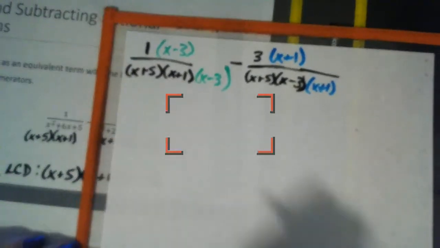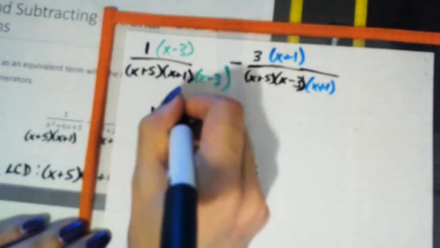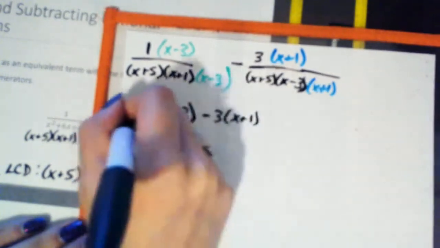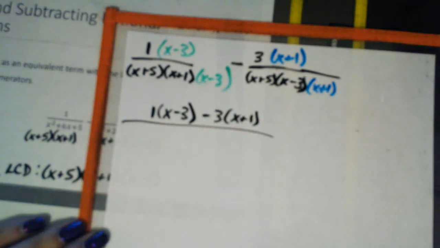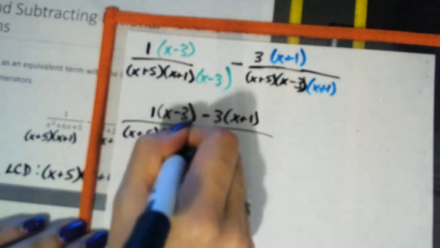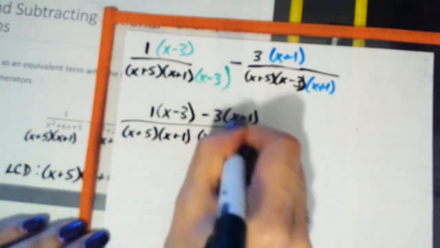Now that they have the same denominator, I can combine them into one fraction. We have 1 times (x minus 3) minus 3 times (x plus 1) over our common denominator, (x plus 5)(x plus 1)(x minus 3).